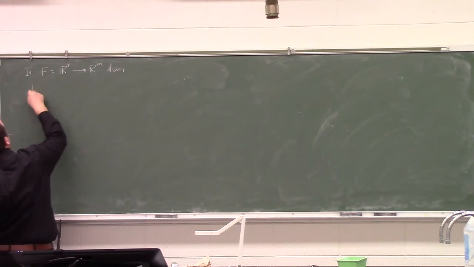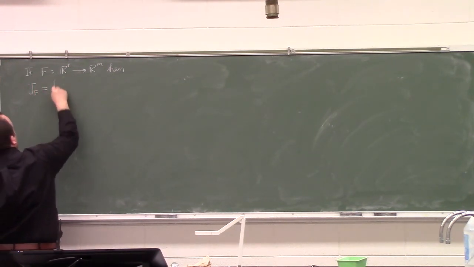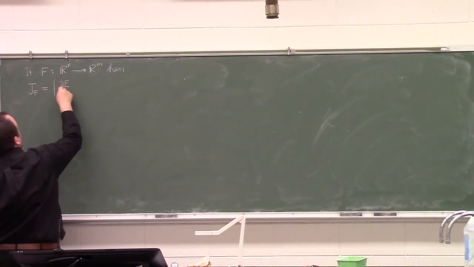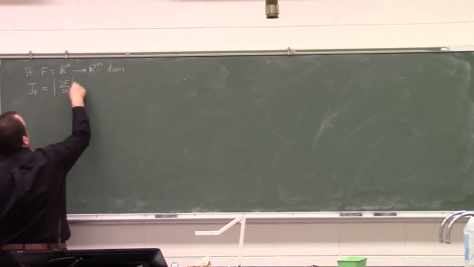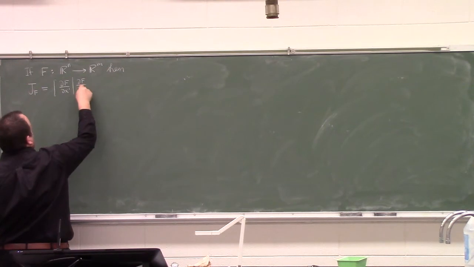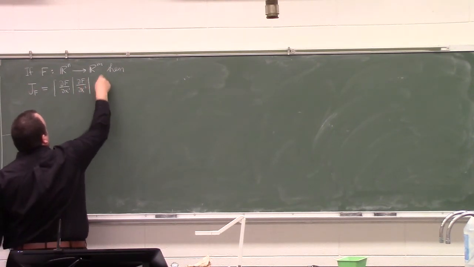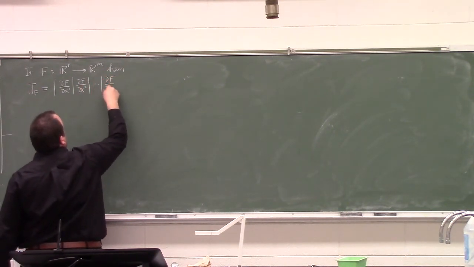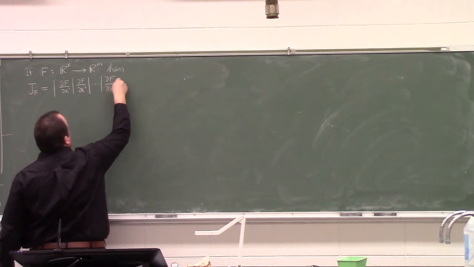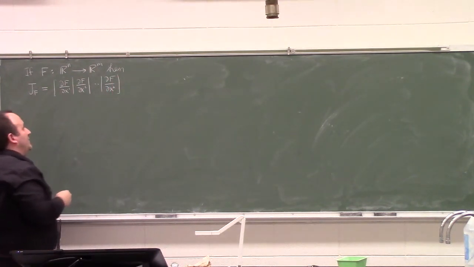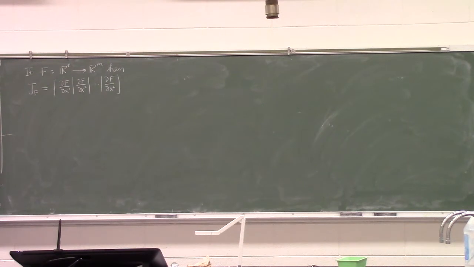Then the Jacobian of f is equal to the partial of f with respect to x1, the partial of f with respect to x2, up to the partial of f with respect to xn. And here, this is an m by n matrix.